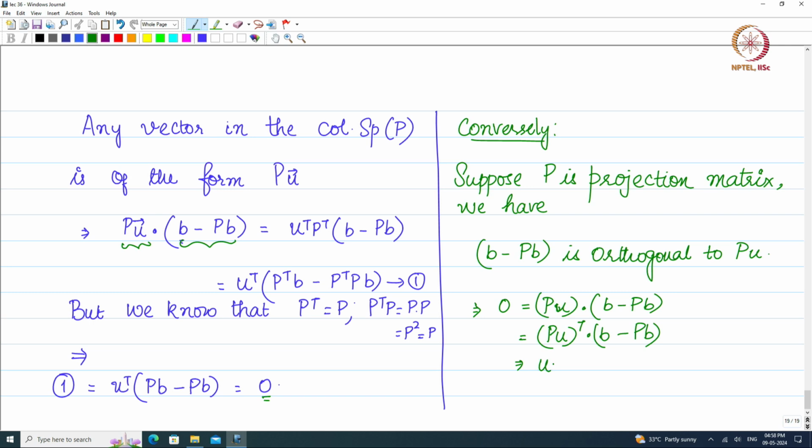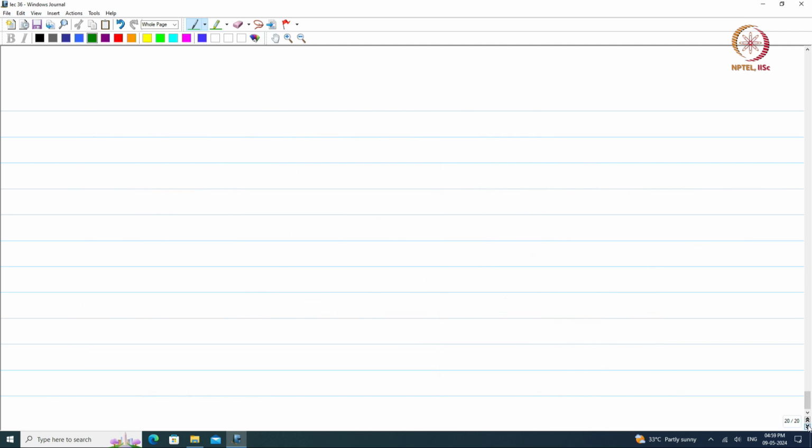That means we have u transpose P transpose into B minus Pb, equal to 0, which is nothing but u transpose into P transpose B minus P transpose Pb, so 0 is equal to u dot P transpose B minus P transpose Pb.